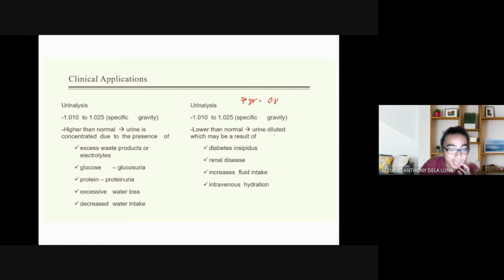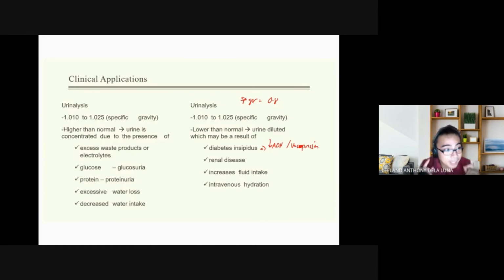Which could indicate some of the following problems. Pwede meron akong diabetes insipidus. Diabetes insipidus, class, is a type of diabetes na walang kinalaman sa glucose mo. Ang problem dito, class, is you don't have what we call the antidiuretic hormone or what we call the vasopressin. Okay? Vasopressin. Antidiuretic hormone. So, mababa ang iyong antidiuretic hormone pag meron kang diabetes insipidus.